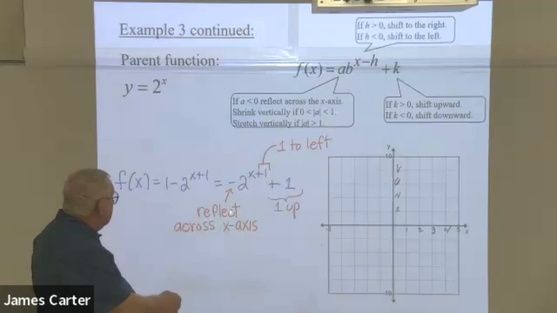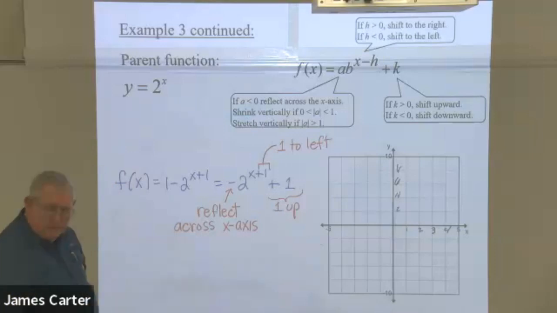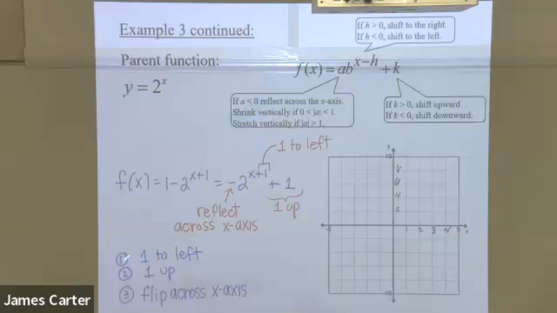I reflected. And then I moved it up 1. I moved the reflection up. And a summary of the steps. And there's the graphs again, the terminal graphs.